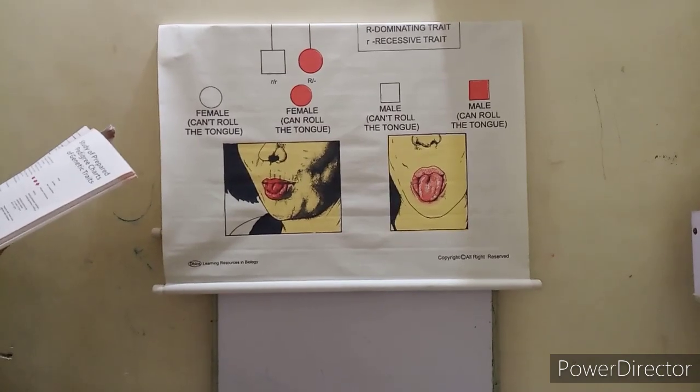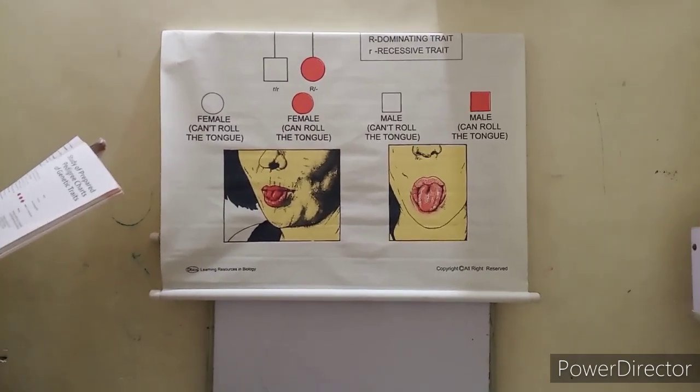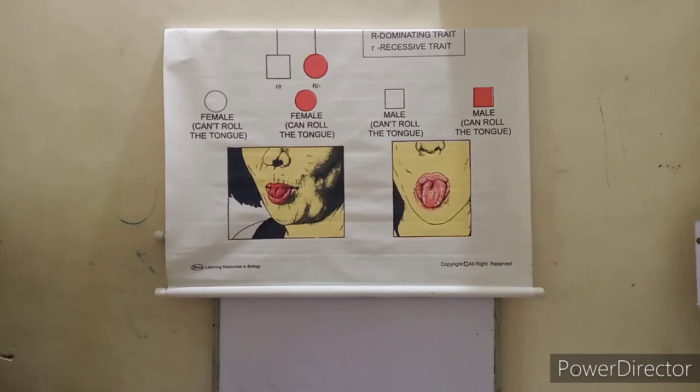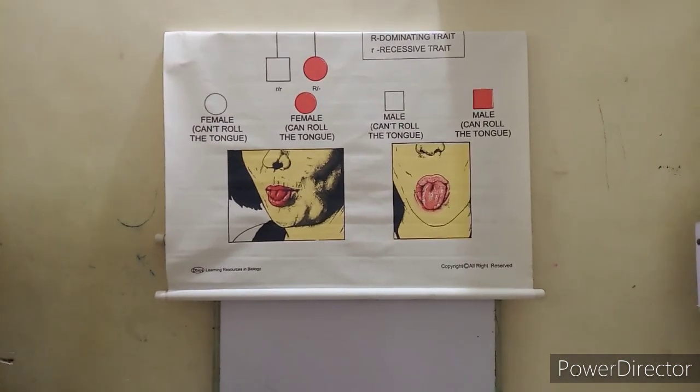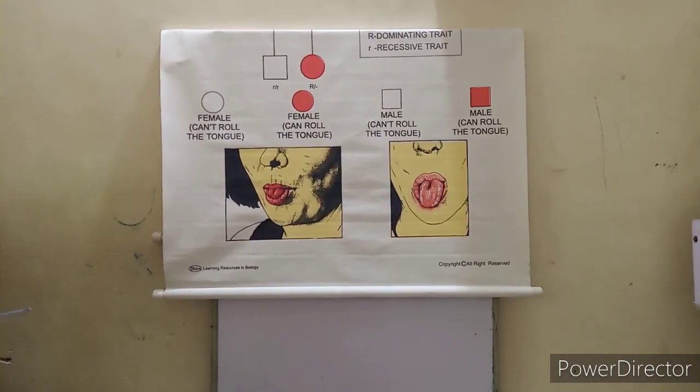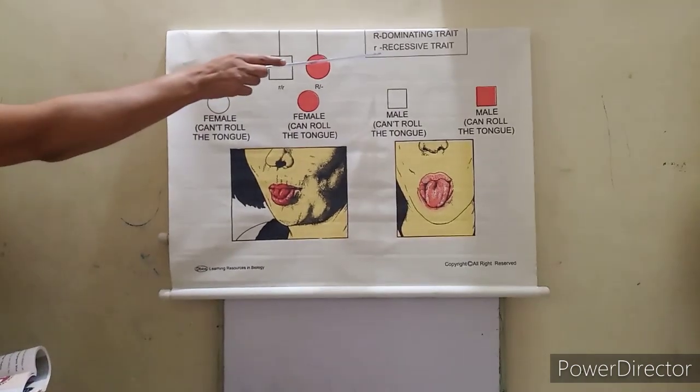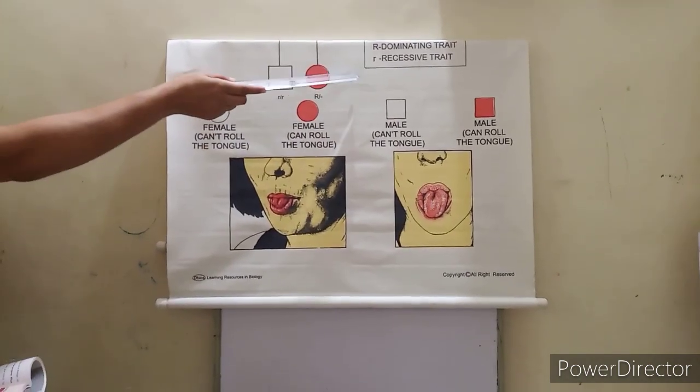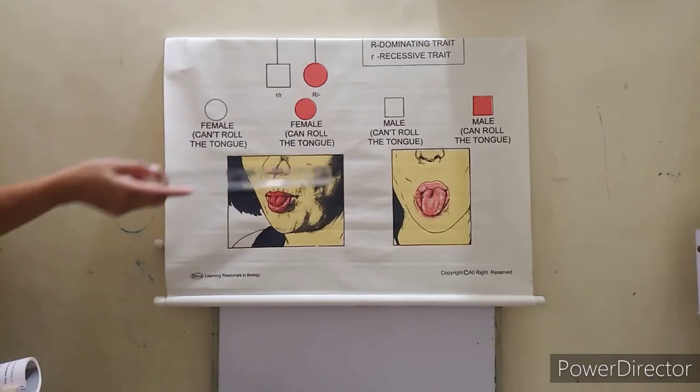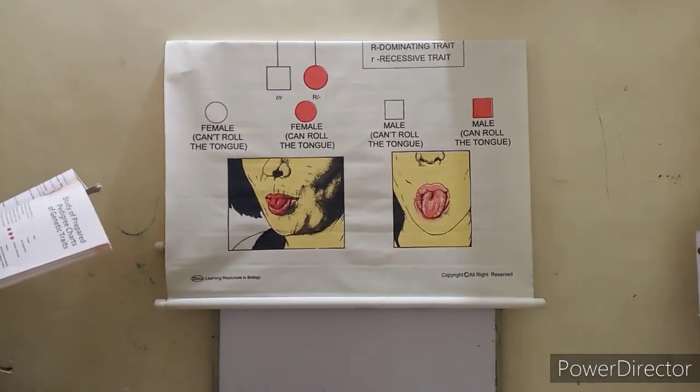The people who are not able to roll the tongue have it because of an autosomal recessive allele, which is shown here with a small letter r. But here we show it with r, though actually we can show it with a small a also.